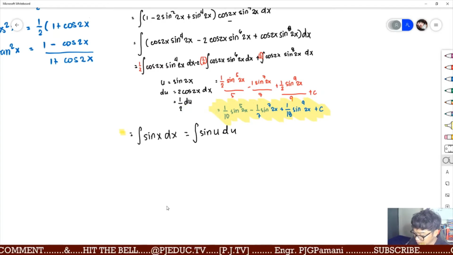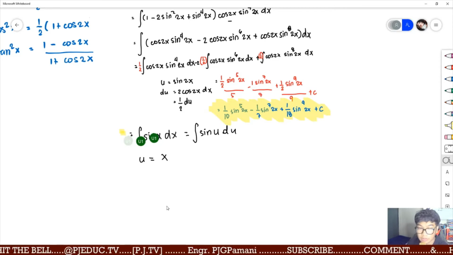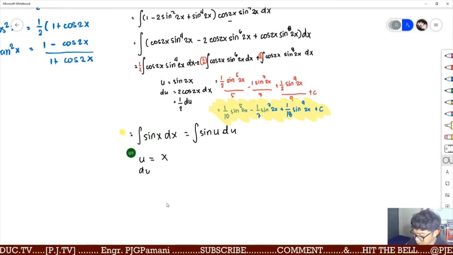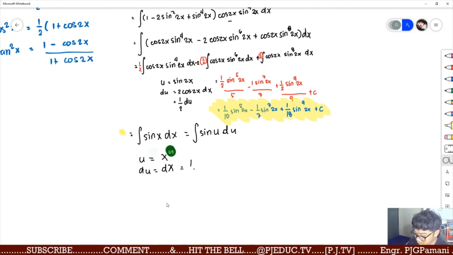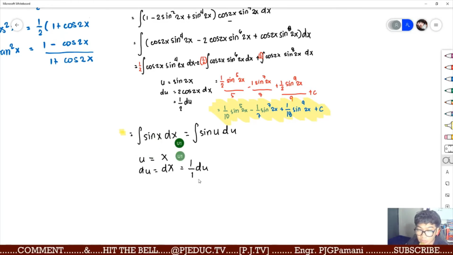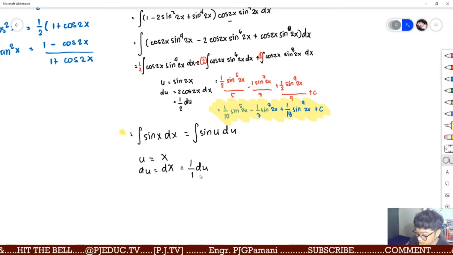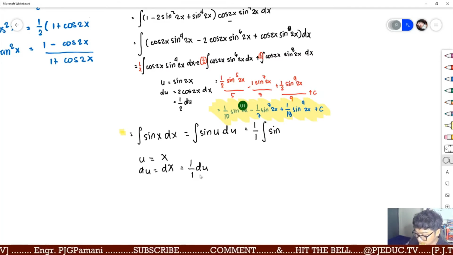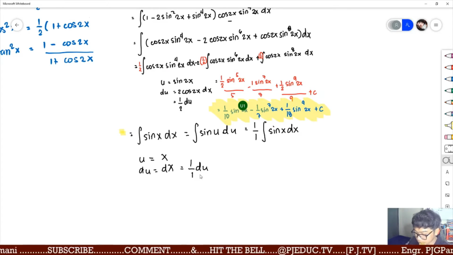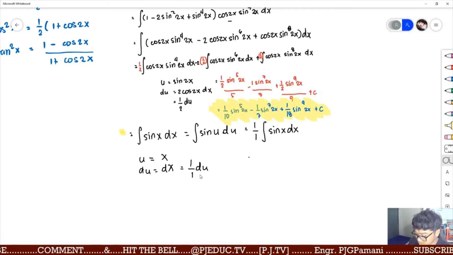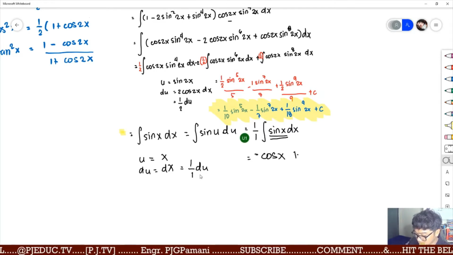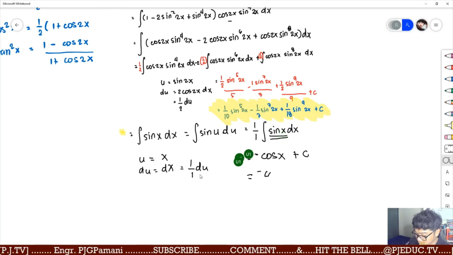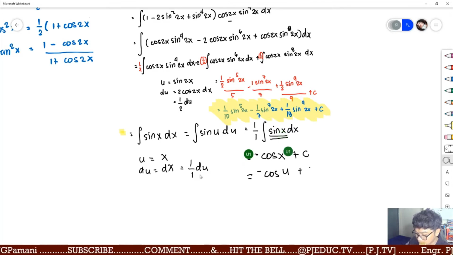So ang u natin dyan is x. Differential is simply dx, which has a correcting factor exactly 1:1 du. Diba? So basically, 1:1 integral of sine x dx is also, integrate mo yan, equal to cosine x plus c, or cosine u plus c.